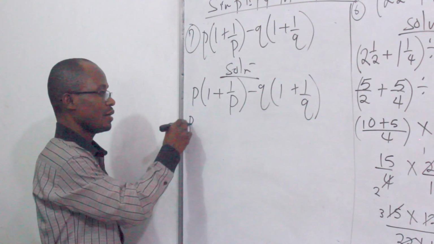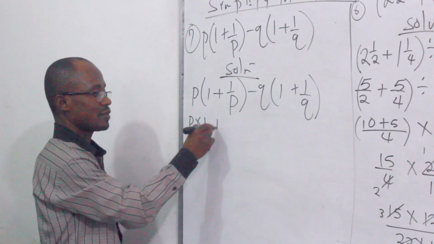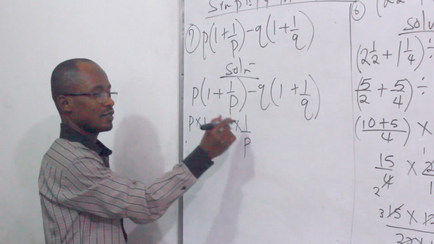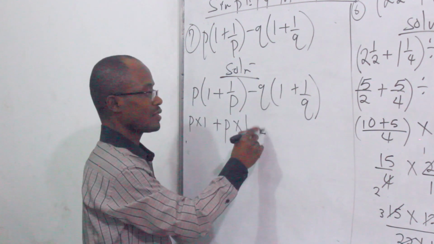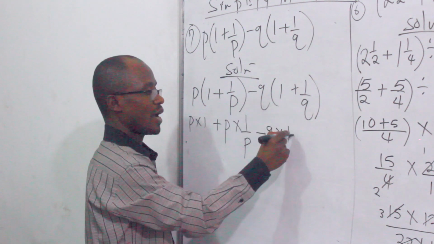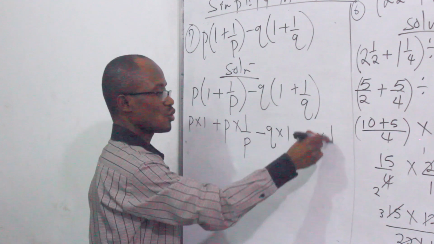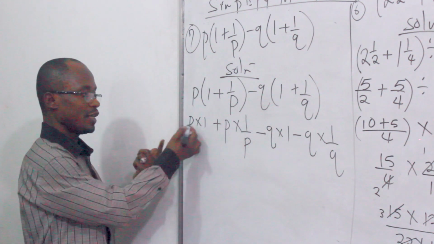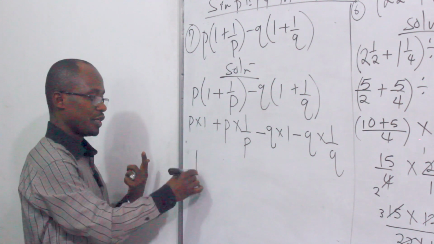Here we say p times 1 plus p times 1 over p. We expand this. Then minus times plus is minus, q times 1, minus times plus is still minus, then q times 1 over q.